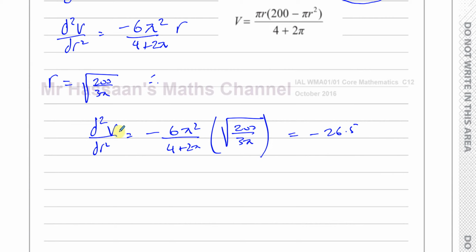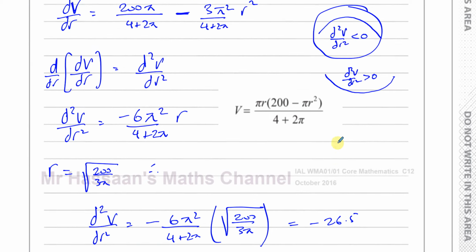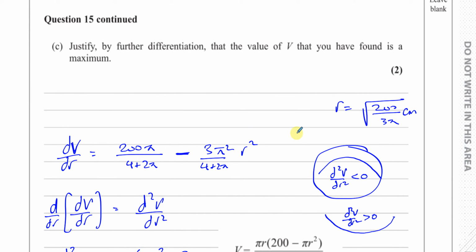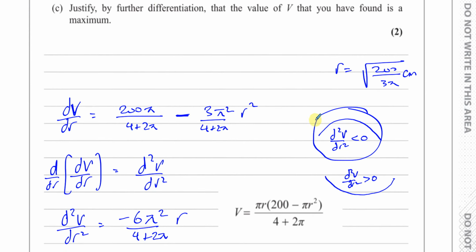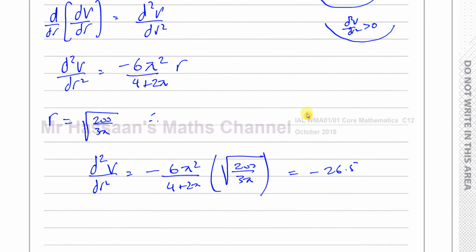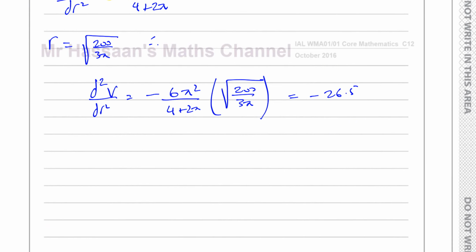Now, you can't just show that this is negative and leave your answer like that. When you are asked to justify that the value of V you have found is a maximum, you have to make a little statement. You've done all the work, don't lose the marks.